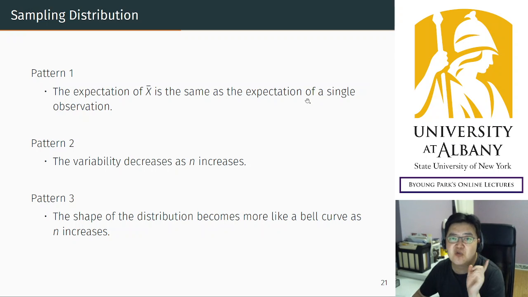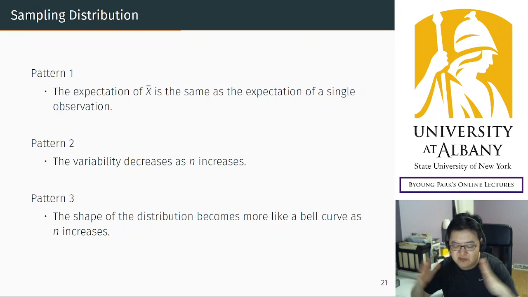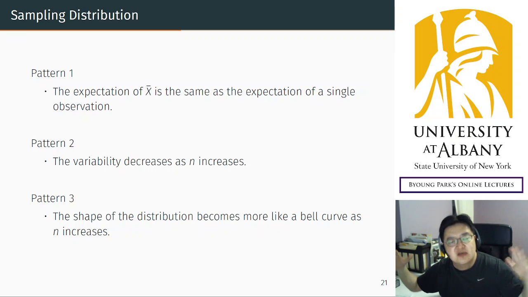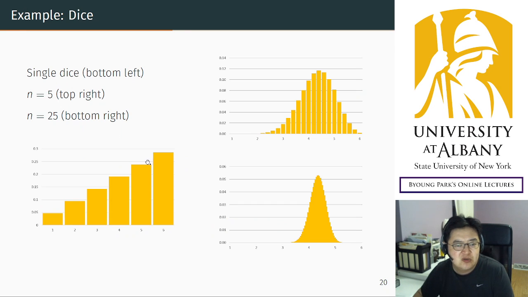That is pattern 1. And pattern 2, the variability decreases. So the variability decreases and probability is more concentrated. Spread decreases. There is less spread. So it's clear. In a single dice, you may get 1 or 6, but when you throw 5 dice, it is really difficult to have an average of 1.